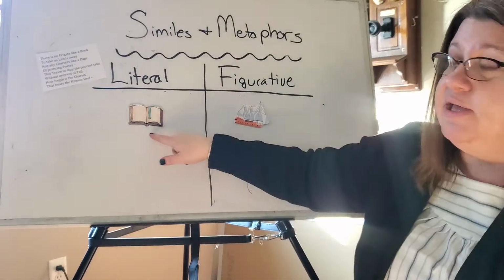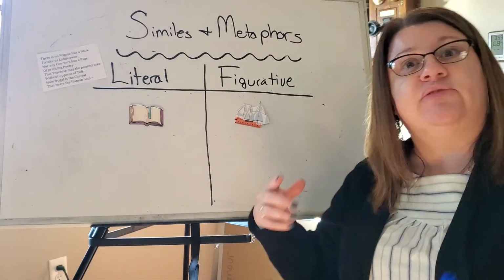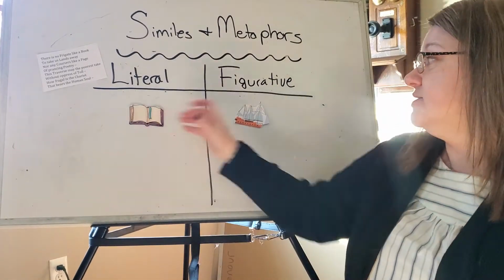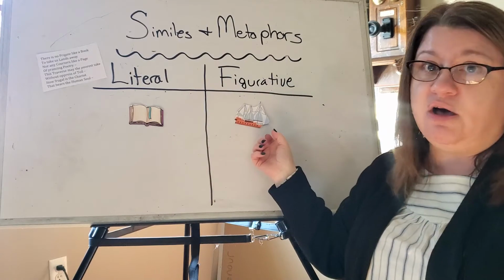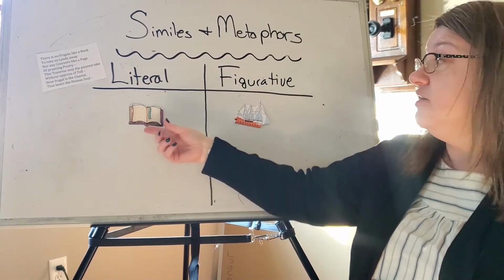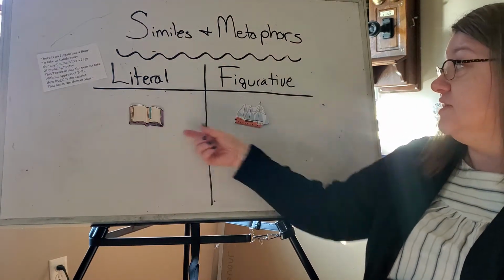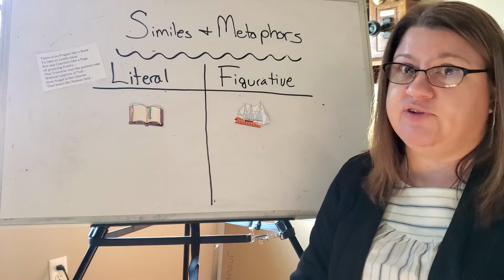When you read a book, it is like being on a ship, a frigate. This book is like a ship. It can take you all kinds of places. You don't have to remain in one spot. Physically you do, but mentally the book is taking you places much like a frigate would.